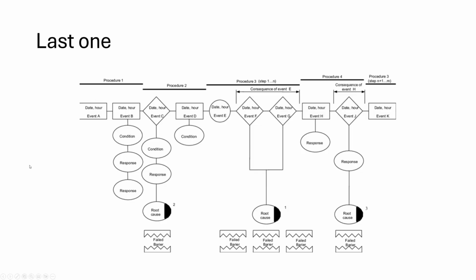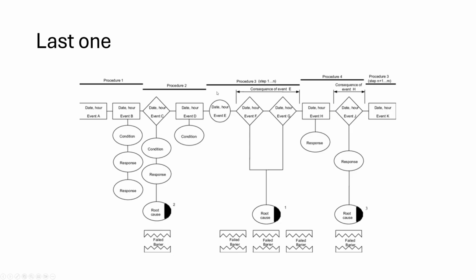And here's another one. So this is another way of demonstrating this, right? We have an event, an inappropriate action, an event, and then the terminal event. And if you look at this, this is event E. We have then this consequence of event E. We have a couple inappropriate actions, another event, another inappropriate action, another event.